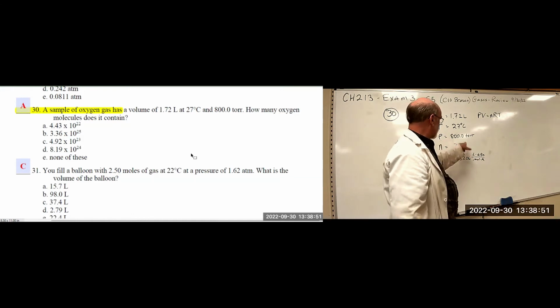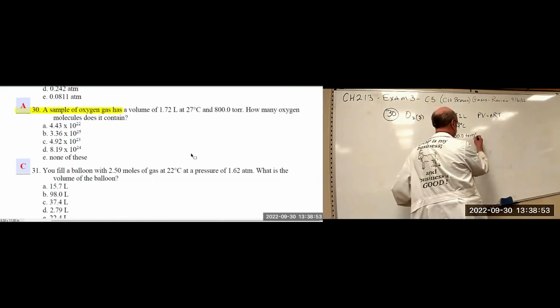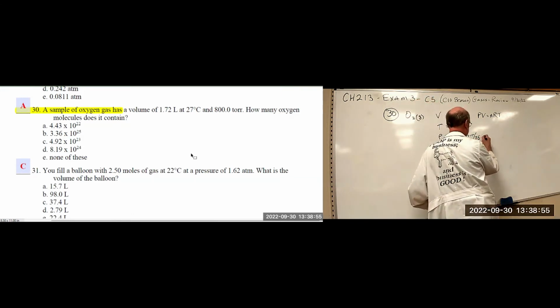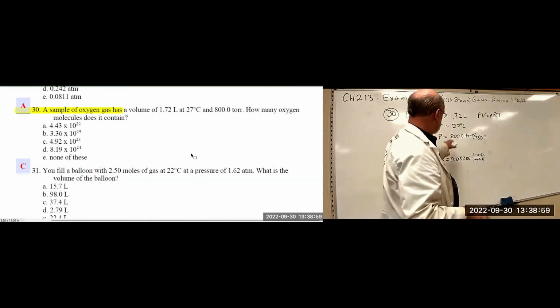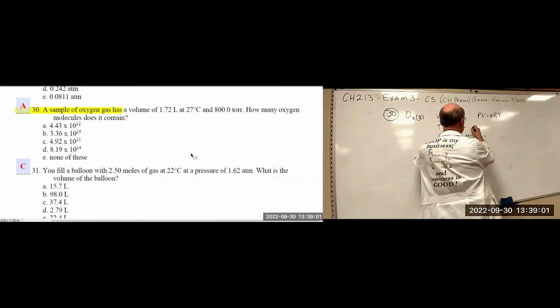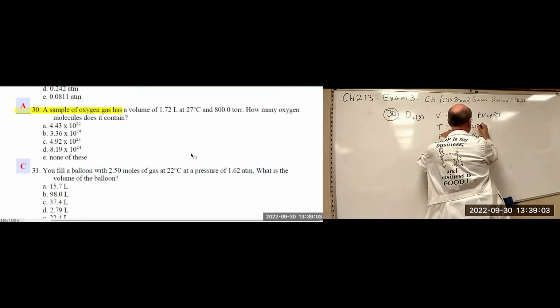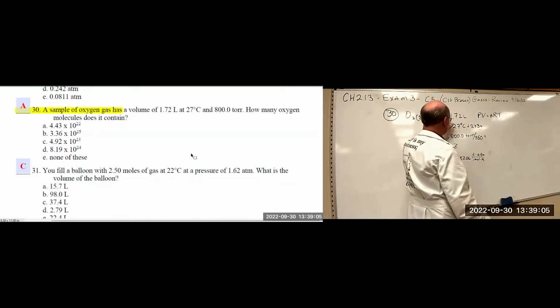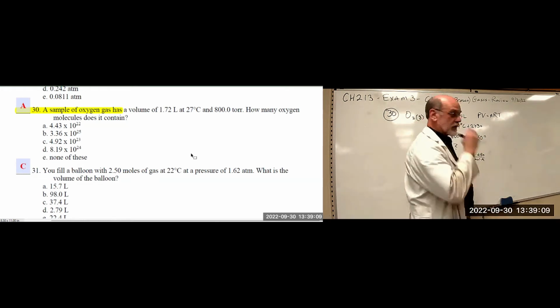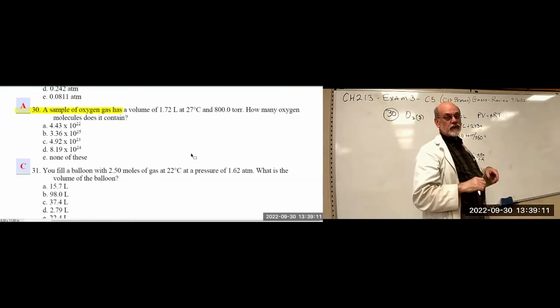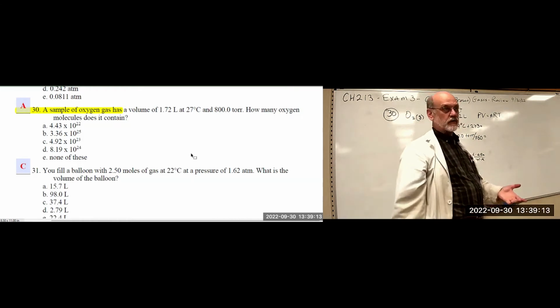This one needs to be in atmospheres, so divide by 760. This one needs to be in Kelvin, plus 273. That one's good, it's liters. And the answer will come out as moles, and then we have to convert it to the number of molecules.